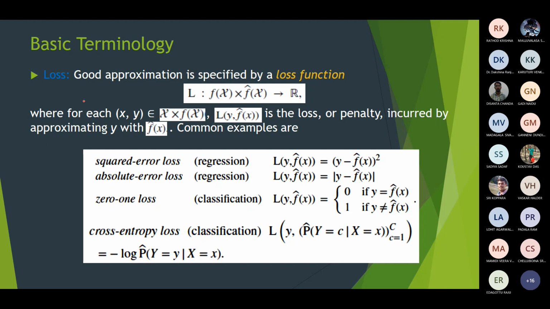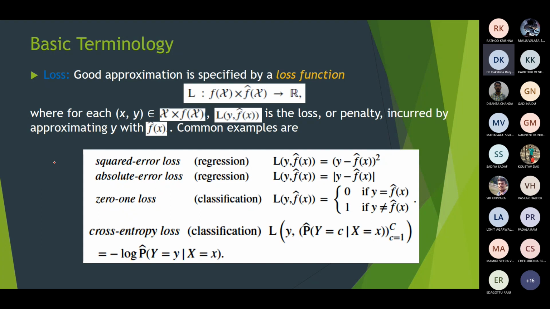Now to define the loss functions, we can use different functions for regression as well as for classification. For regression, we can use two different loss functions known as squared error loss and absolute error loss. In squared error loss, we take the square of the deviation.